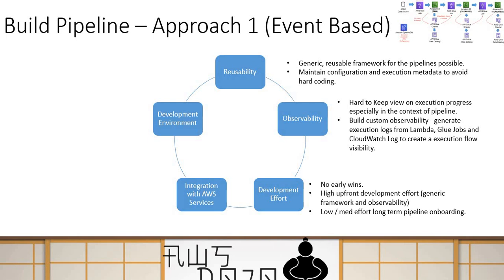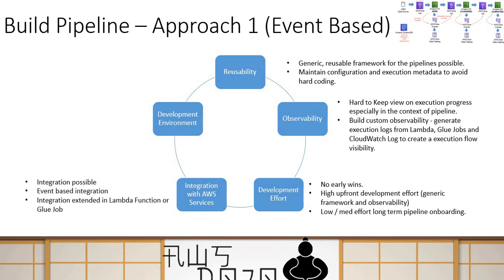And then your pipeline is up and running, and the reusable framework and observability take care of your execution and monitoring end to end. So a lot of upfront development effort, but in the long and mid term, pipeline maintenance and onboarding are low to medium effort.